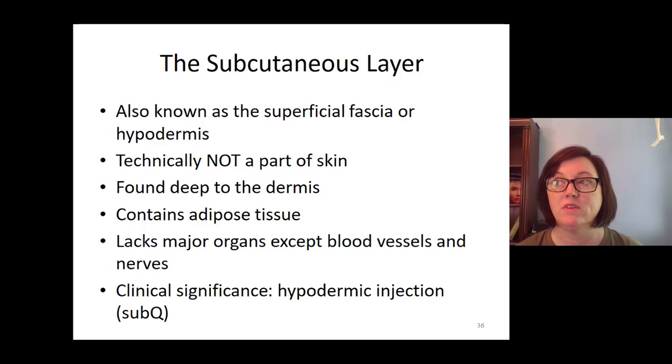So obviously it's easy to inject into the subcutaneous layer as opposed to a blood vessel because it's so easy to access. And we call these types of injections a hypodermic injection or a sub-Q injection, the sub-Q being short for subcutaneous layer. So someone who has diabetes and receives an insulin injection will get that injection into this subcutaneous layer.